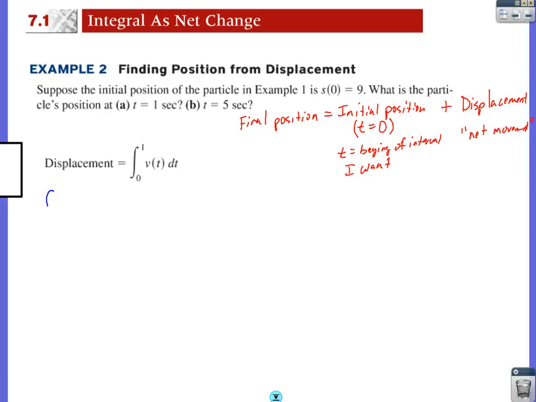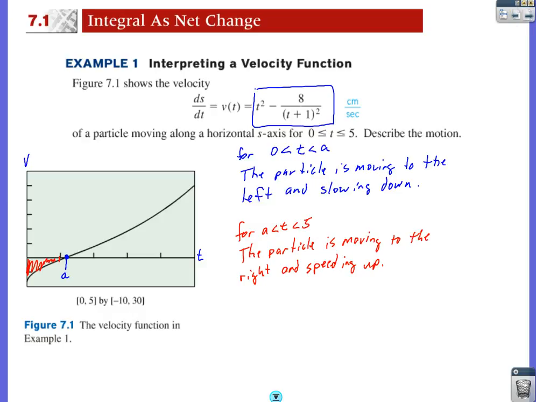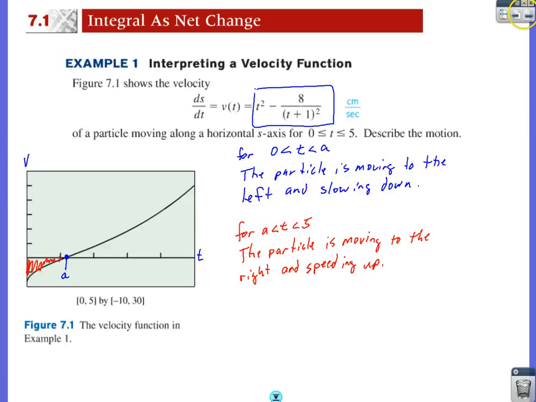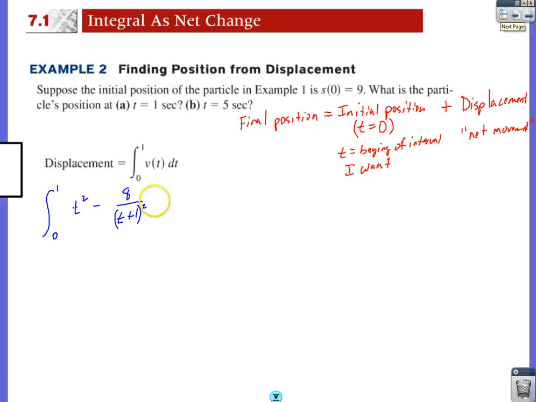It is now the integral from 0 to 1. My velocity function was, I believe, t squared minus 8 over t plus 1 squared. Let me double check on that. Yep. dt.